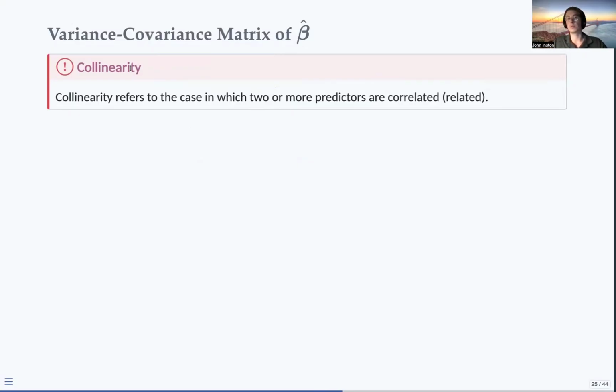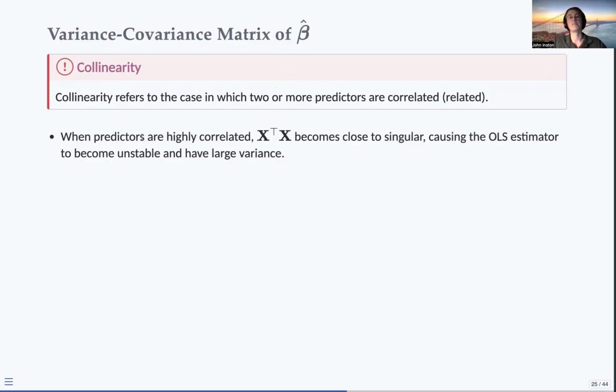First off, we remind ourselves that collinearity refers to the case in which two or more predictors are correlated, so have some kind of linear relationship. When predictors are highly correlated, this matrix becomes close to singular, and that causes the OLS estimate to become unstable and have large variance.